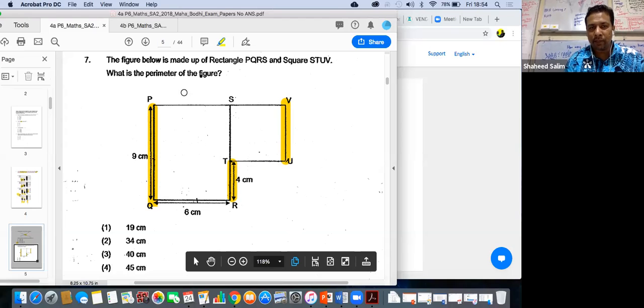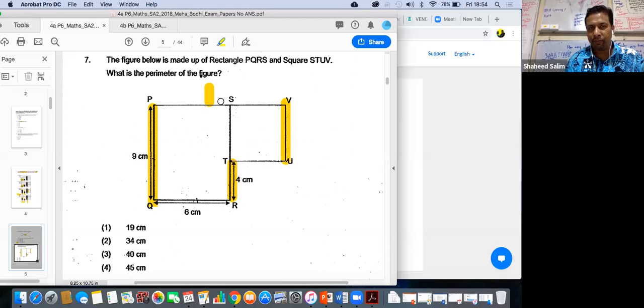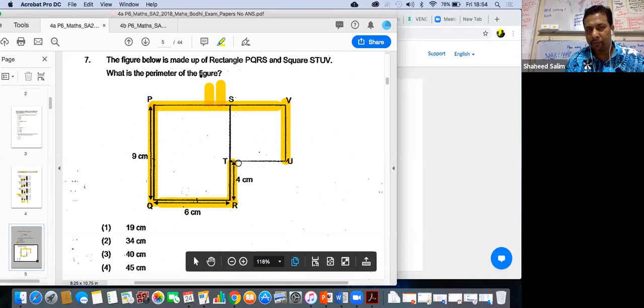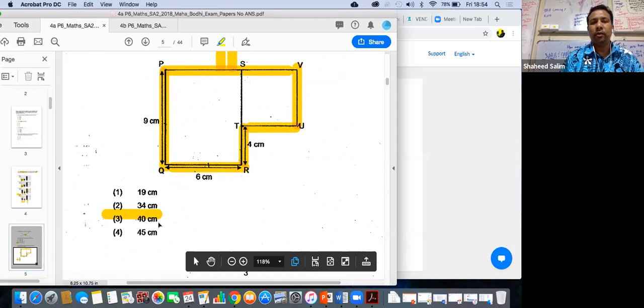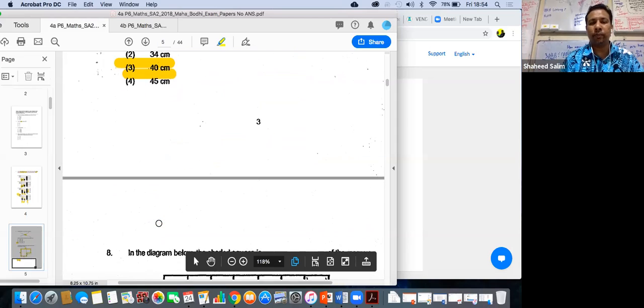If this is 6 and this is 5, total is 6 plus 5 is 11. So this is 11 plus 11. Can you see that? 9 plus 9, 11 plus 11. That's a very fast way, and the correct answer is number 3. Congratulations. So we move on to the next one.